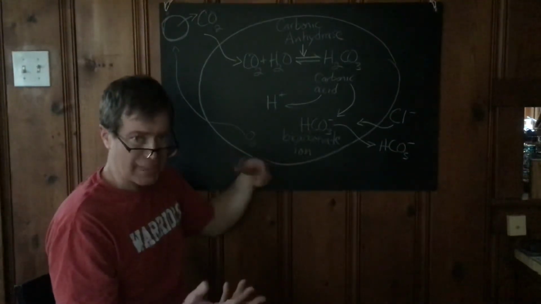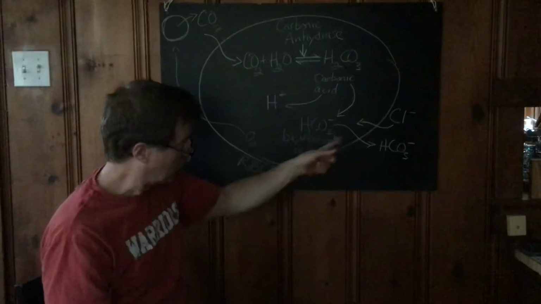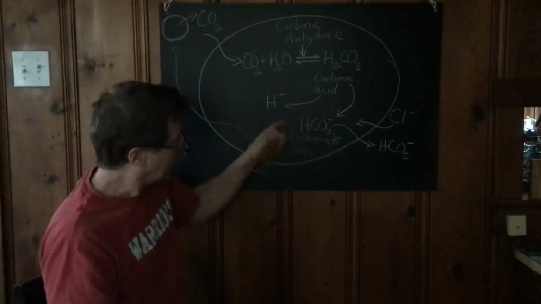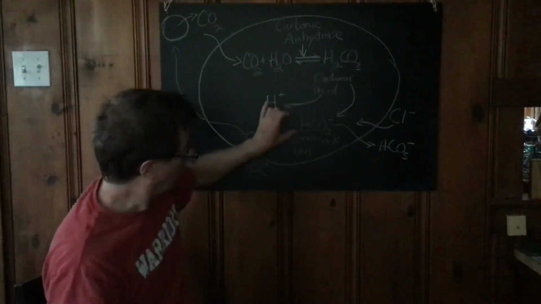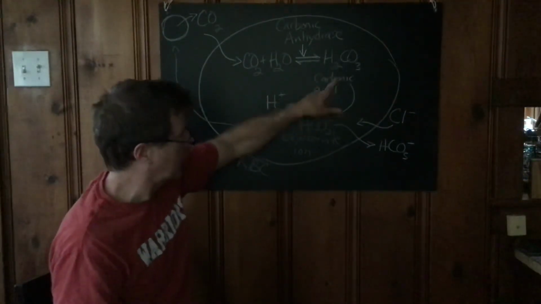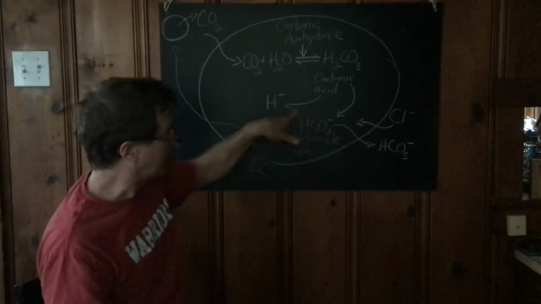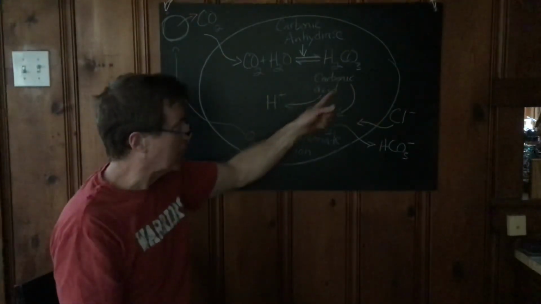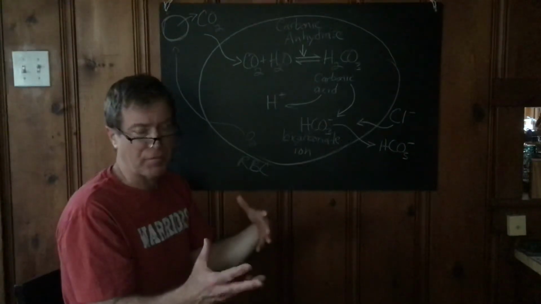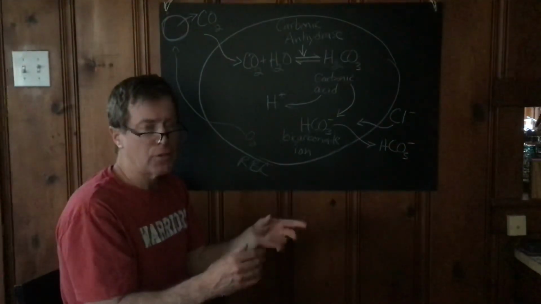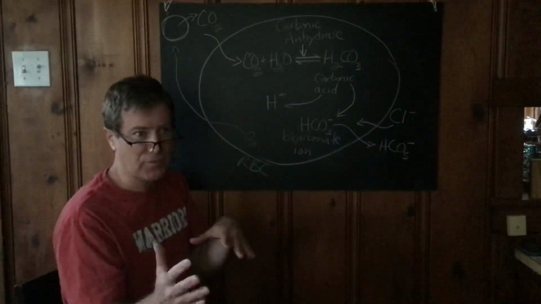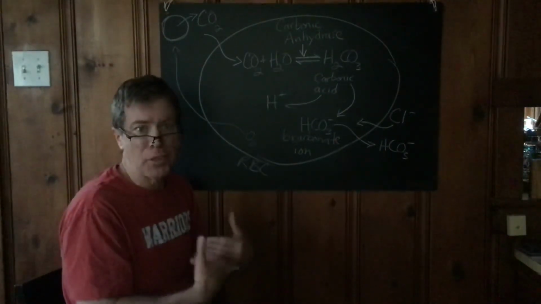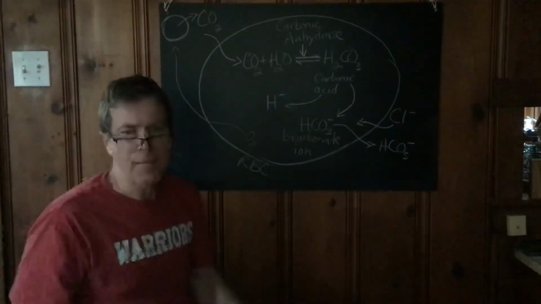Likewise, if conditions get too alkaline, if there's too many bicarbonate ions in the blood, then this reaction can go in reverse: bicarbonate ions combine with hydrogen ions to produce carbonic acid. So this weak acid really acts as a buffer. It can go either way to buffer pH changes or shifts from alkaline to acidic, and it helps keep the blood neutral. Okay, that should do it.